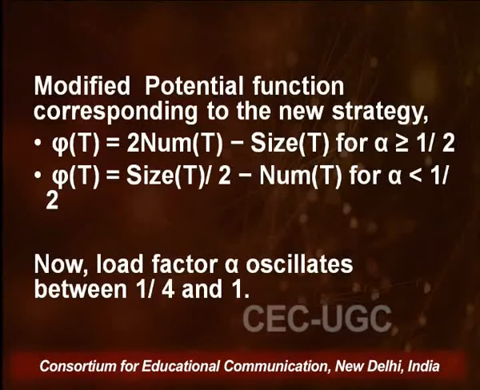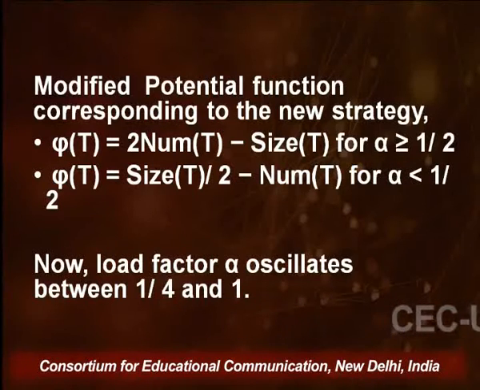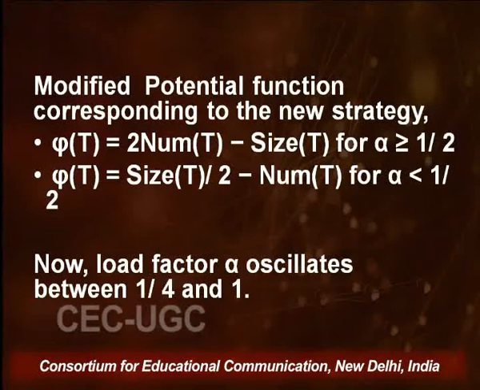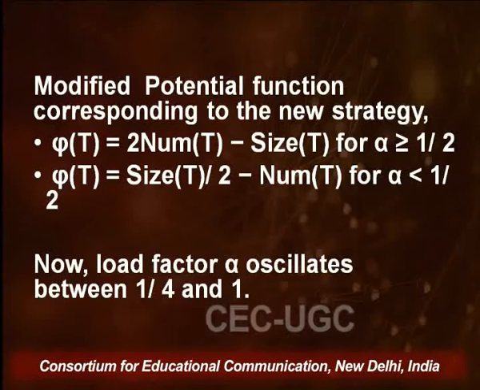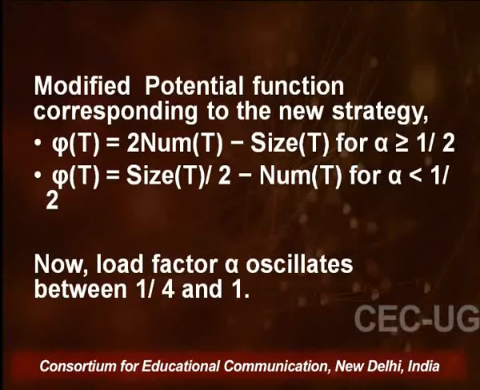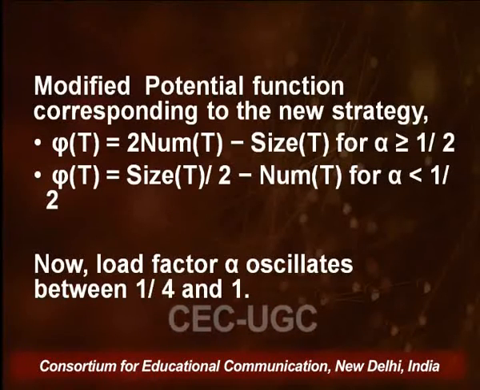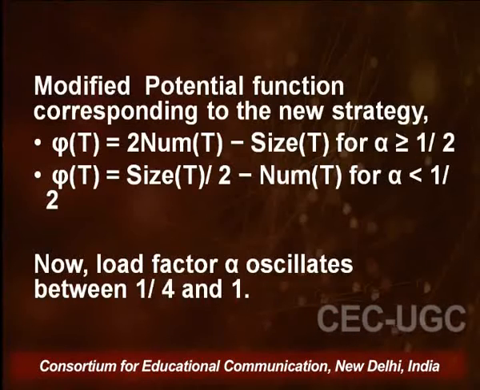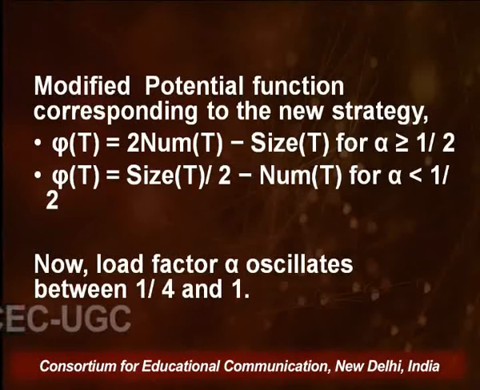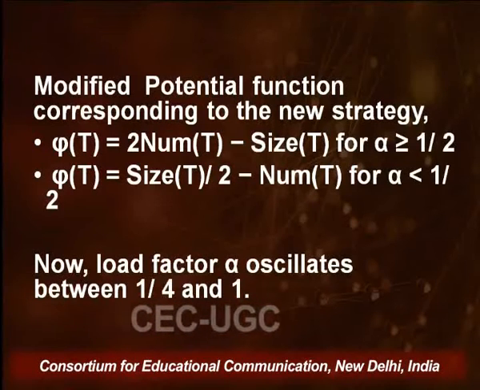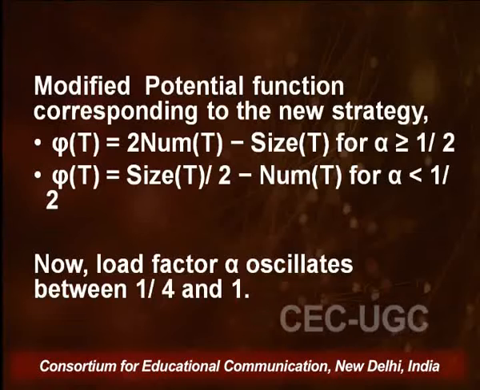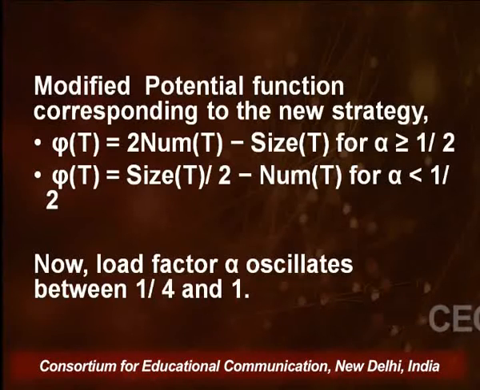But earlier we said this is going to be the potential function for all conditions. Here it is not like that. This is the potential function only when alpha is greater than or equal to 1 by 2. For alpha less than 1 by 2, the potential function is going to be size of t by 2 minus num of t. So now my load factor alpha is going to oscillate between 1 by 4 and 1.